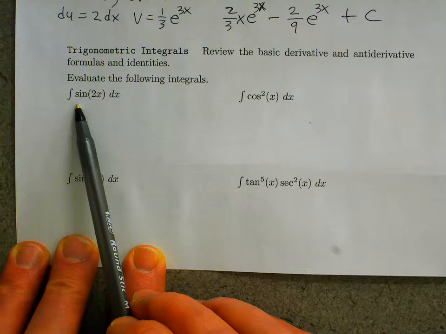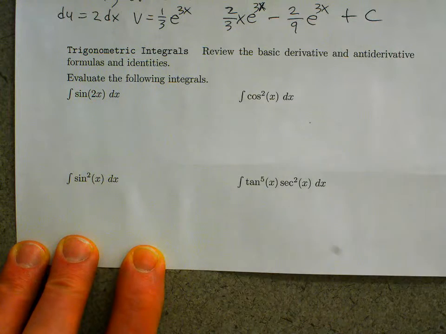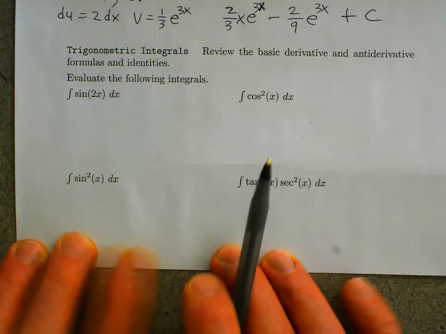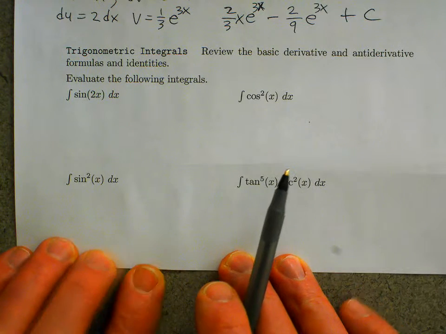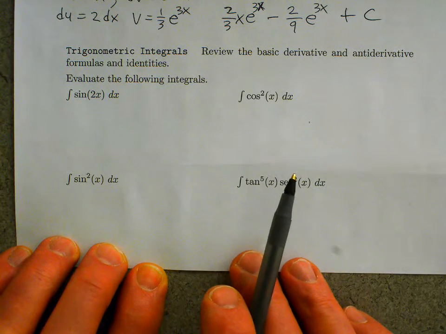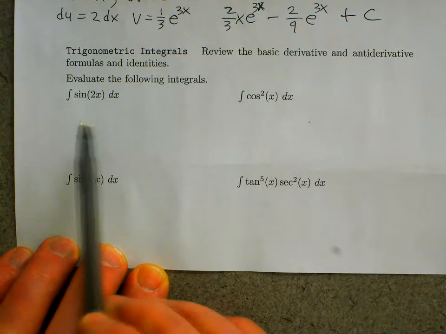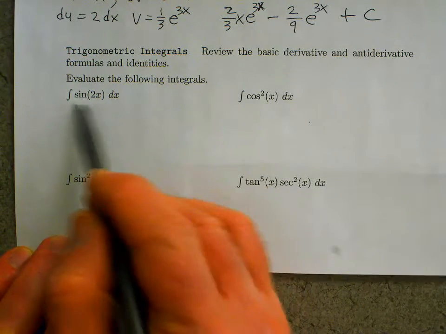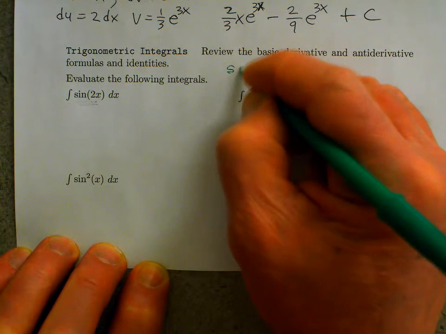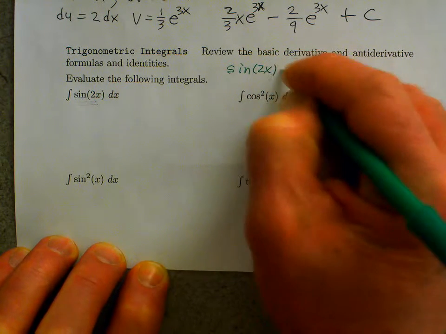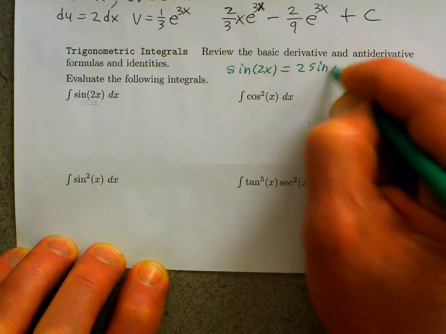To find the indefinite integral of sine of 2x dx. Is there anything that comes to mind that you could do? Half angle identity? Yeah, the particular identity that I'm thinking of here, sine of 2x is equal to 2 times sine of x times cosine of x.